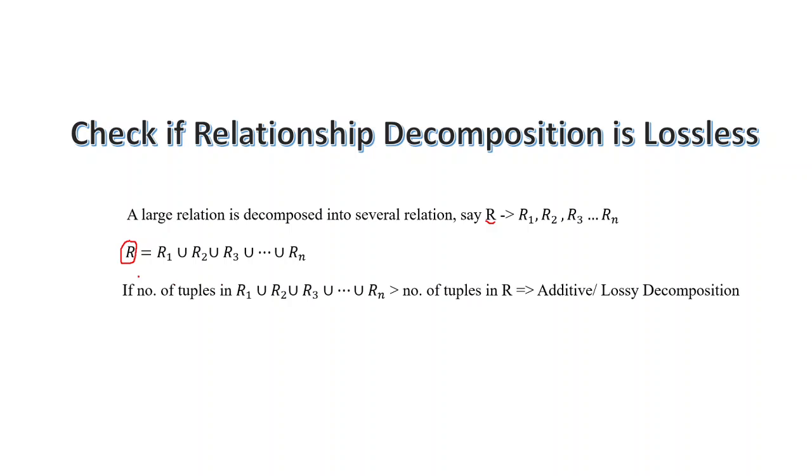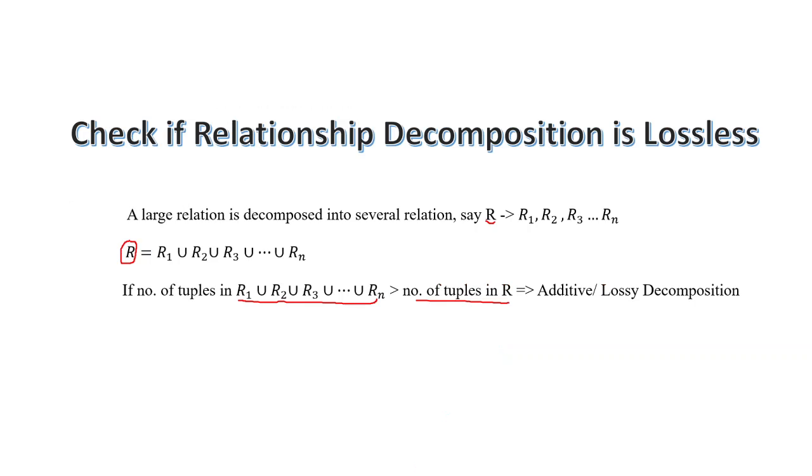If by some means we find that the number of tuples after joining the child relations, that is R1 to Rn, is greater than the number of tuples in the original relation R, we will mark that type of decomposition as additive or lossy decomposition.